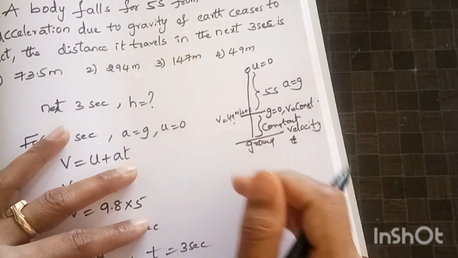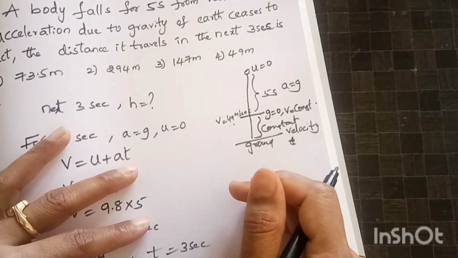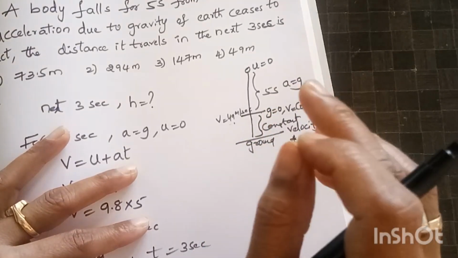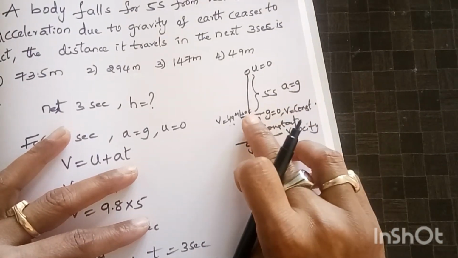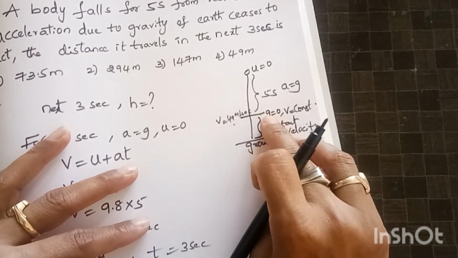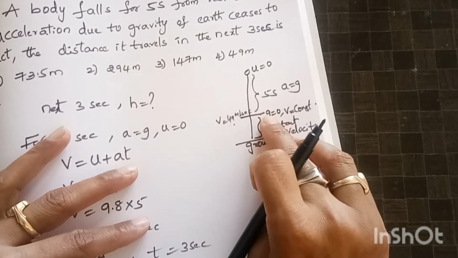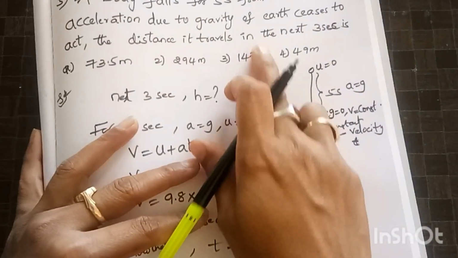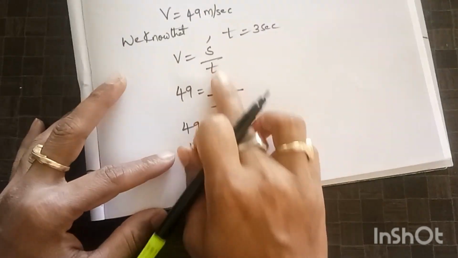You know that for a freely falling body, the velocity goes on increasing. So we are taking constant velocity here. Why? Because here the acceleration due to gravity has ceased. So by using this constant velocity and time, we have calculated the distance.